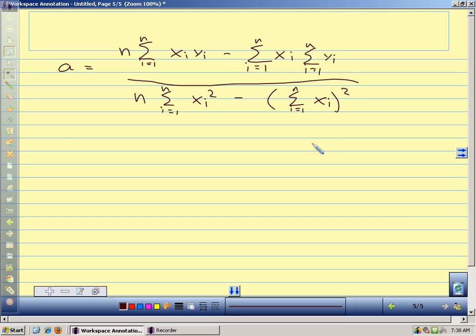So this, when we go through finding our critical points using our second partials test, is what a equals.